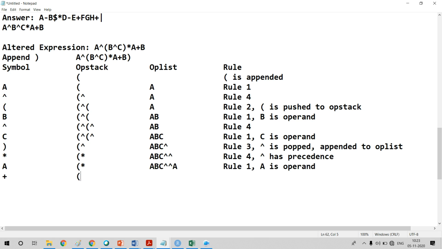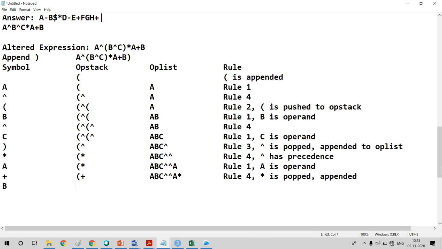Plus is an operator, to ensure that its higher or equal precedence symbols are removed. Star is of higher precedence, so it must be removed. So for plus here, star is popped and added at the end of the list because of rule number 4. Star is removed and appended to OP list.